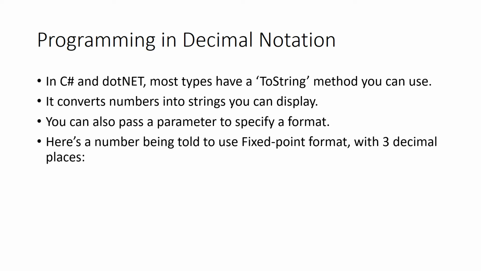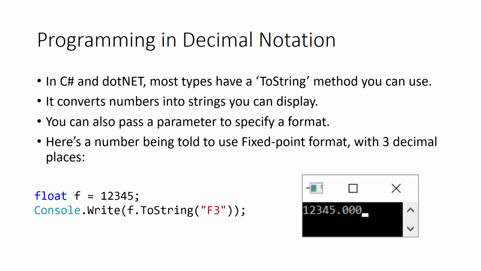So it's going to say F3. So write out the number 12,345 with that format. If you write that on the screen with the format of a fixed point decimal, 3 decimal places, the output you get on the right there is 12345.000. So if you want numbers to line up, for instance, if you've got currency and everything has 2 decimal places, that's useful.